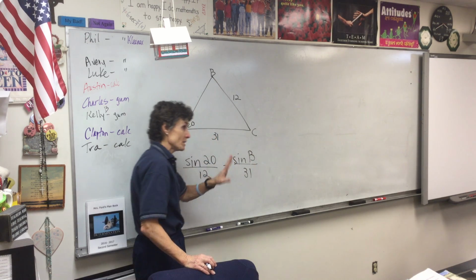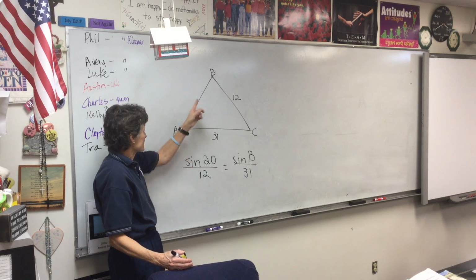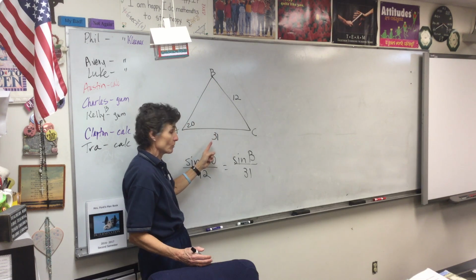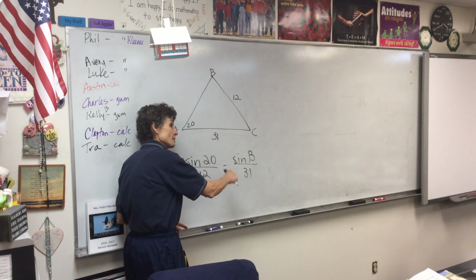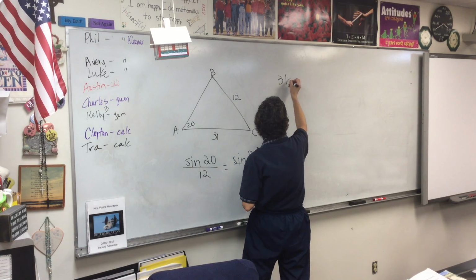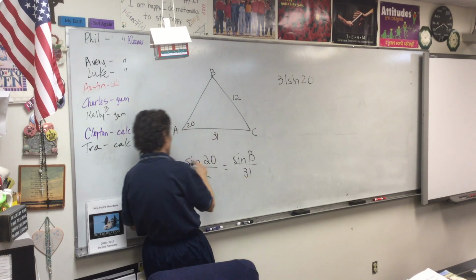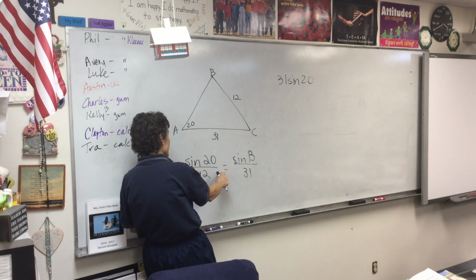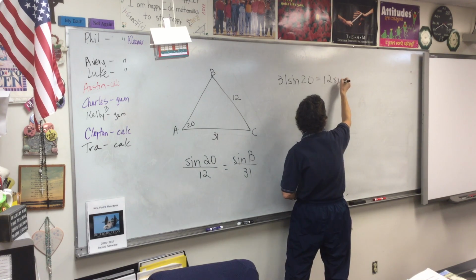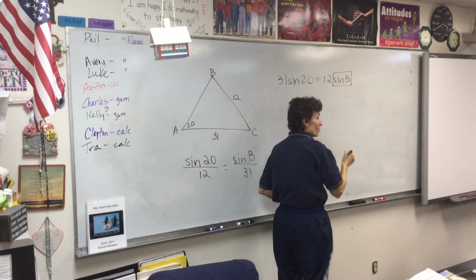So what changes? Well, nothing changes in the setup. It's still sine 20 over 12, sine B over 31. The cross multiply stays the same. So 31 sine 20 equals 12 sine B. This is your unknown.